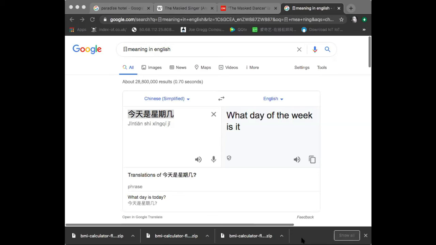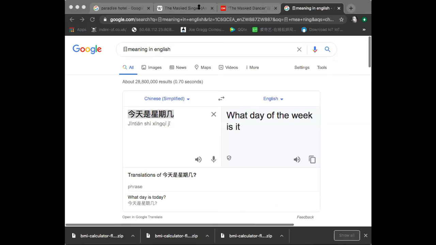Mark the 是, the is part. 今天是星期六, not 今天星期六.